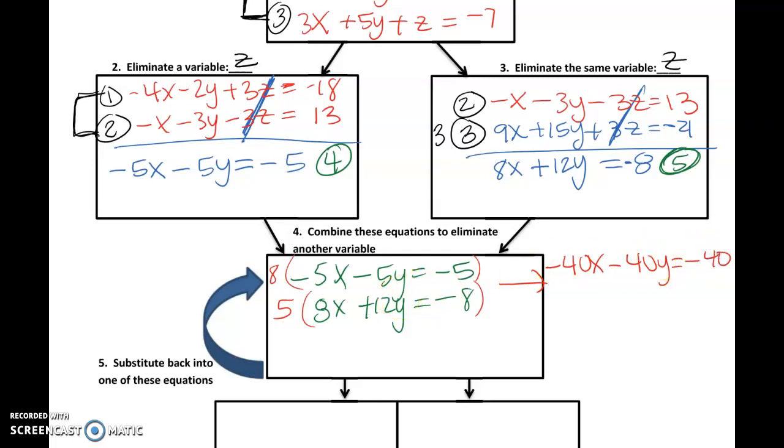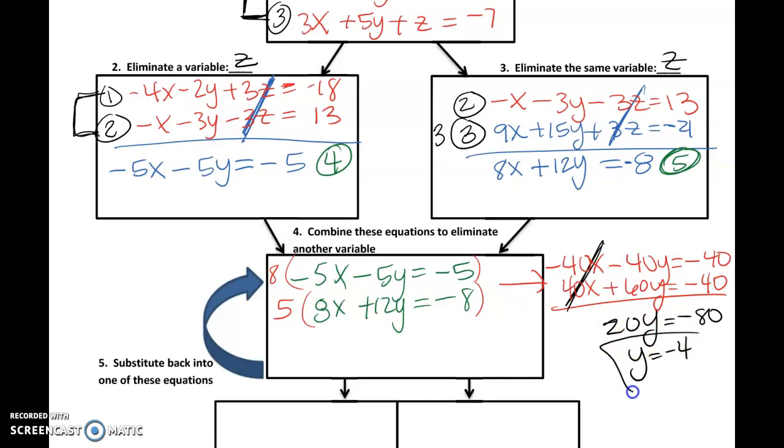And this bottom equation, when I distribute, I'm going to get positive 40x, positive 60y equals negative 40. So doing elimination, x's eliminate, y's give me 20y equals negative 80, and so I get y equals negative 4.